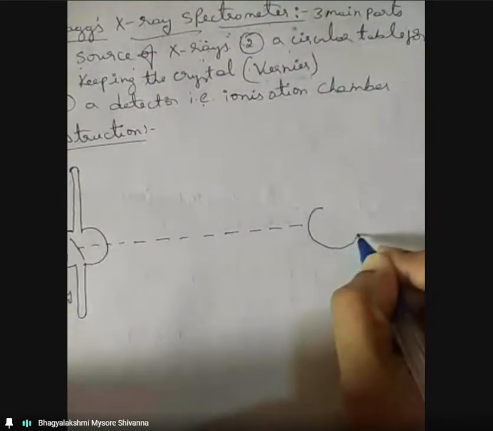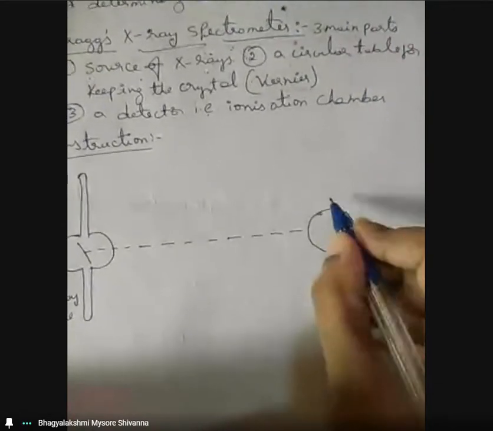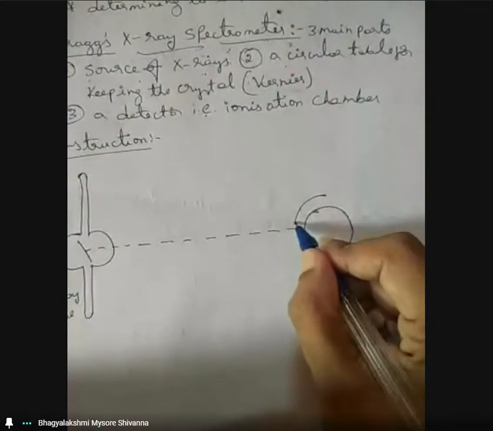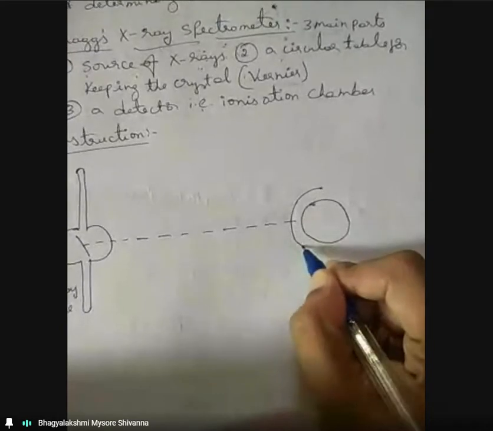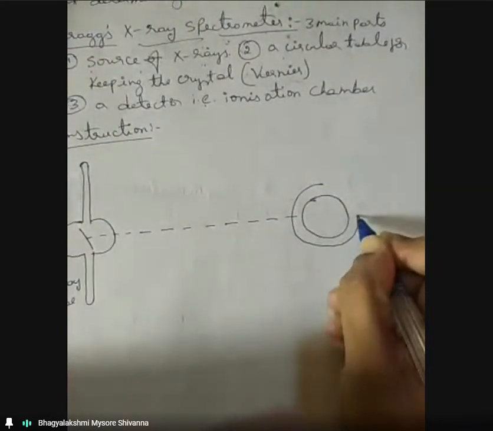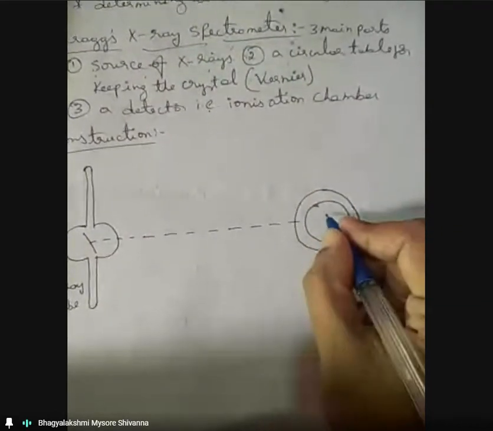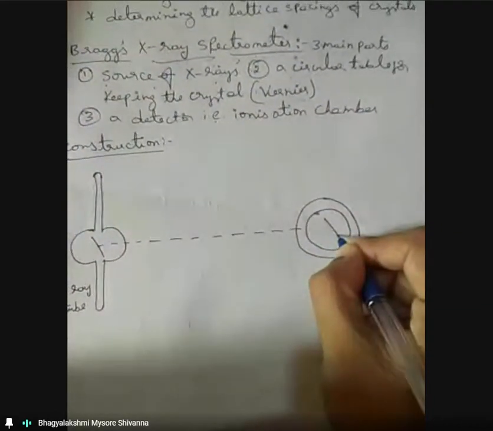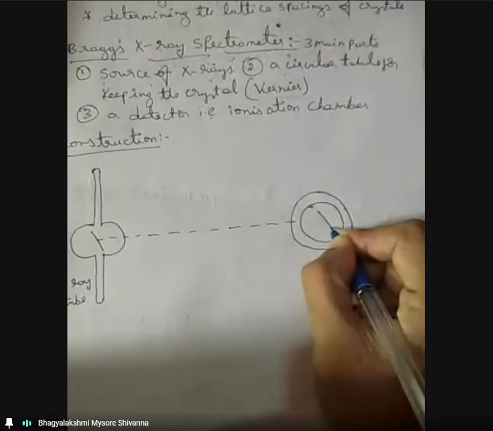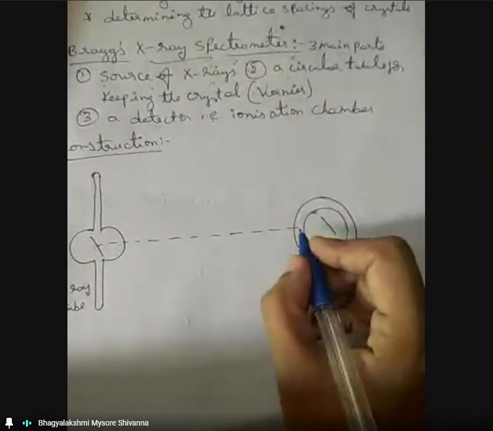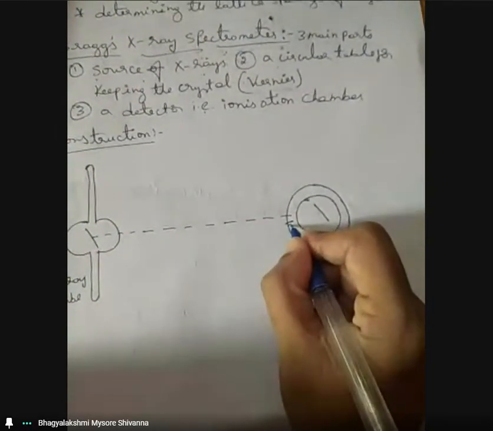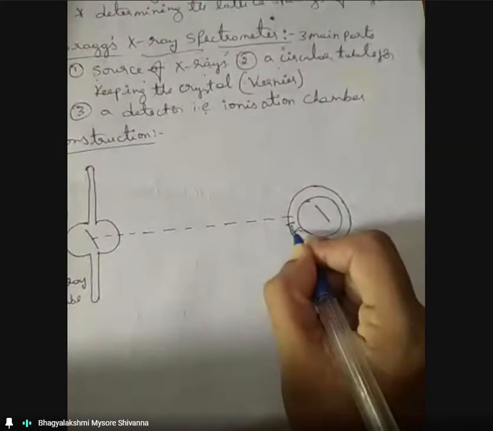This is the circular table. The second main part is the circular table to keep the crystal on. It should be connected with the vernier scale.